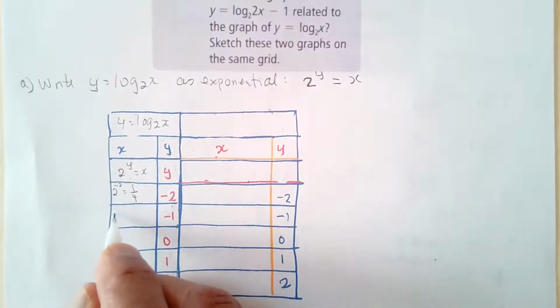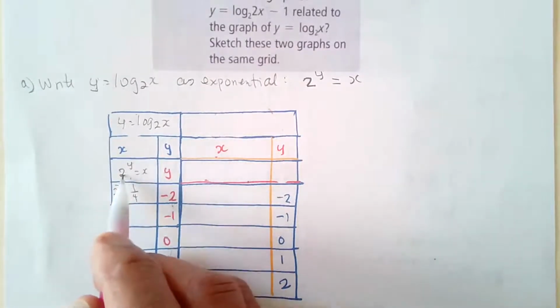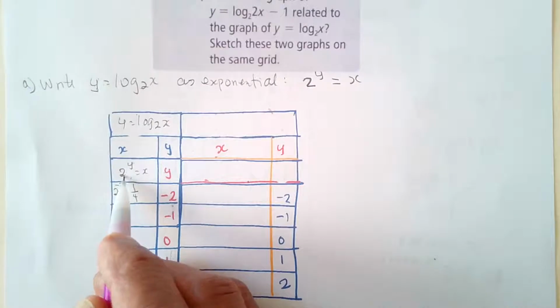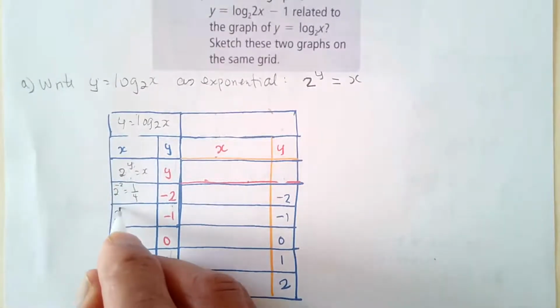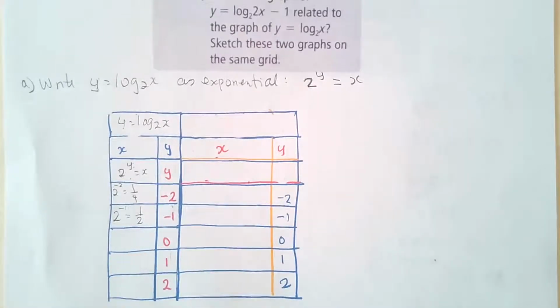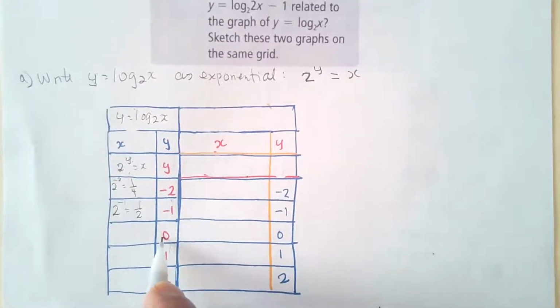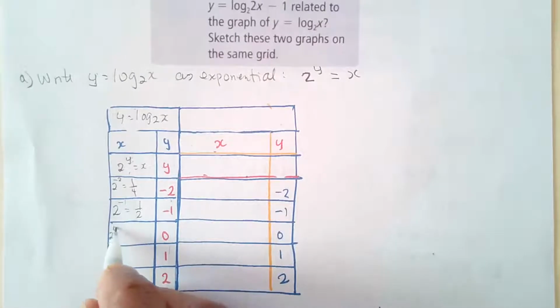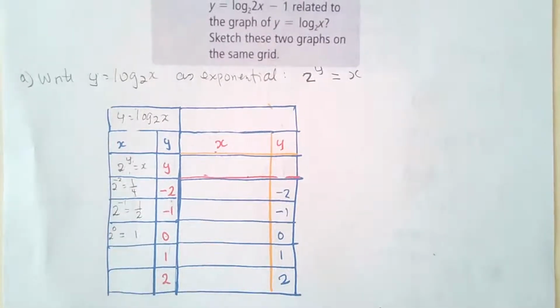Then x is 2 to the power of negative 1, which is a half. Then 2 to the power 0 is 1, so the coordinates for that are 1, 0.